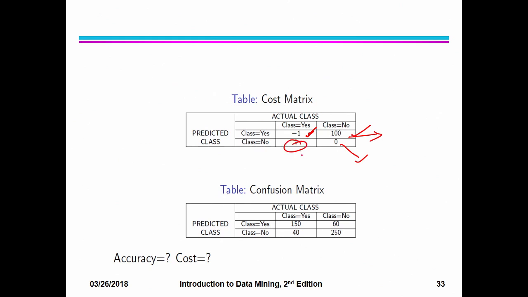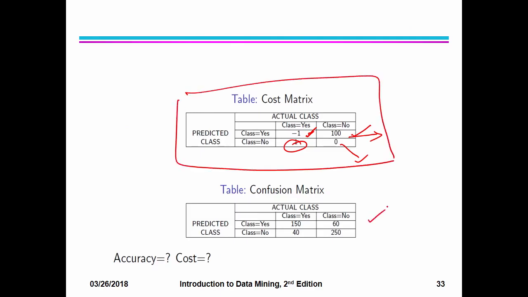less penalty. Okay. Now this cost matrix you must have along with the confusion matrix. Say in the confusion matrix 150 items are rightly identified, 60 are false positive, 40 are false negative and 250 are true negative. Then you find the accuracy of the classifier.